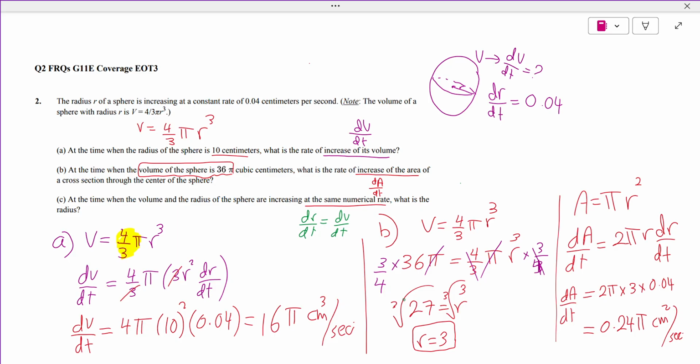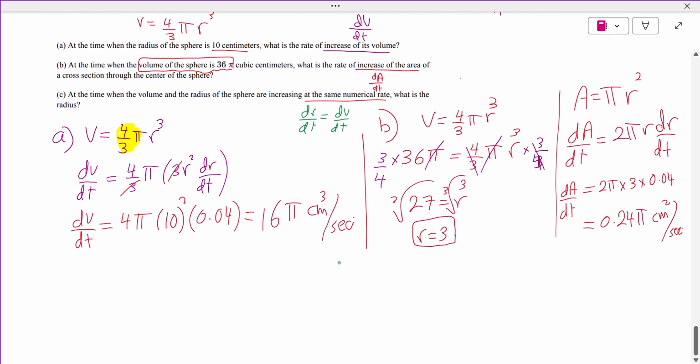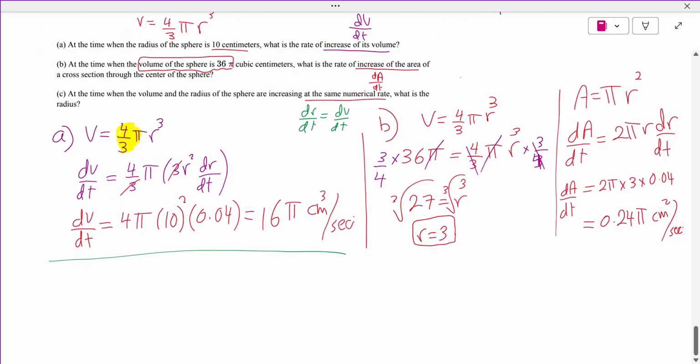Well, because we have V and R, we can use the formula of the volume for part C. We know that the volume equals 4 over 3 pi R cubed. And we did differentiate in the previous part, part A. We've got 4 pi R squared dr over dt.